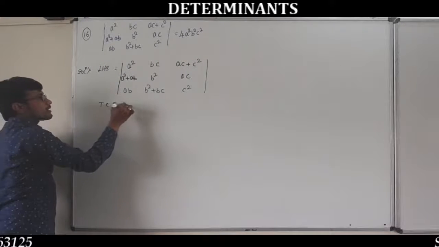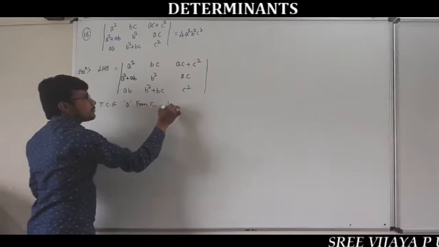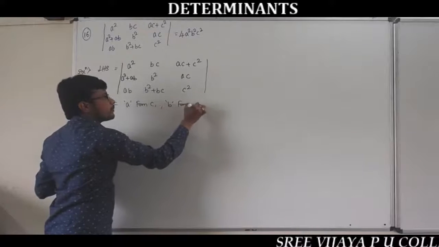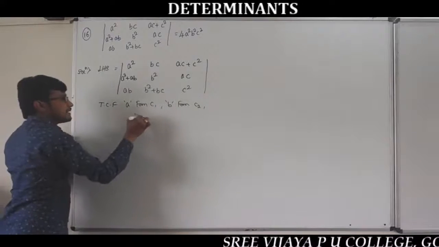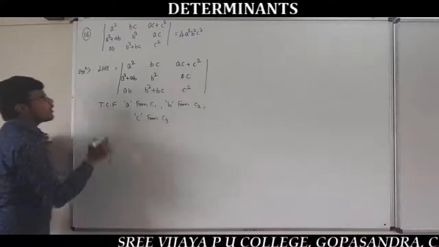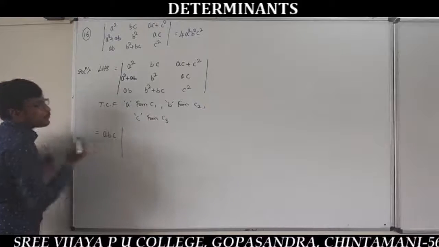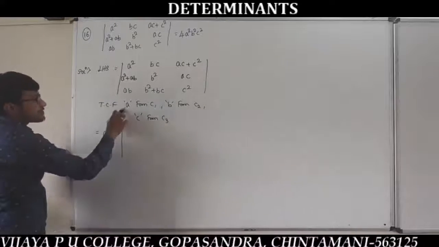Taking common factor a from column 1, b from column 2, c from column 3. So what is that common? A, B, C from column 1, column 2 and column 3. From column 1, A is a common, right?